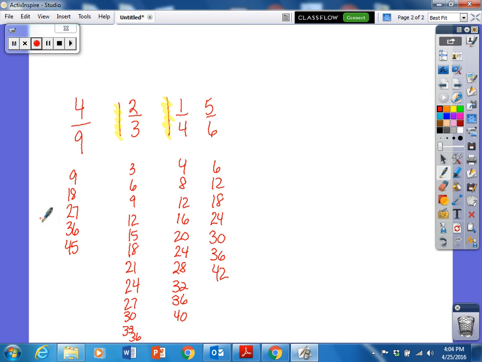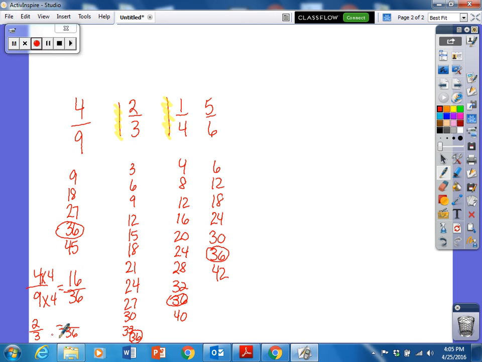Okay, now I can see that I've got a common denominator of 36. So we need to make 4 ninths equivalent to 36. And we do that by finding equivalent fractions. So 2 thirds equals 36.